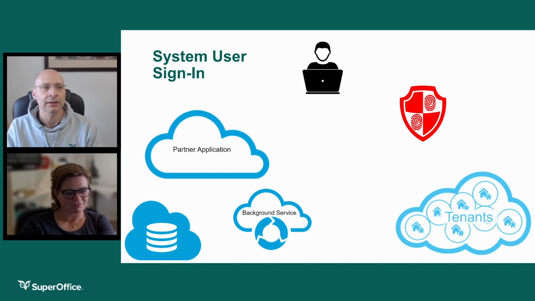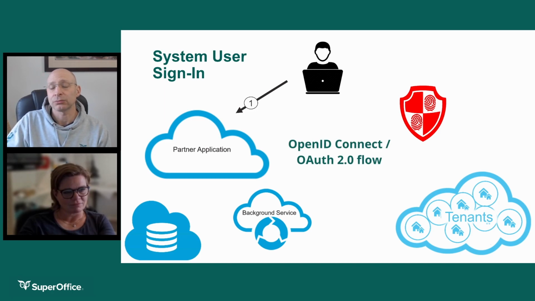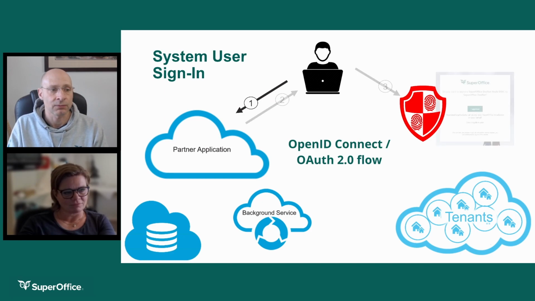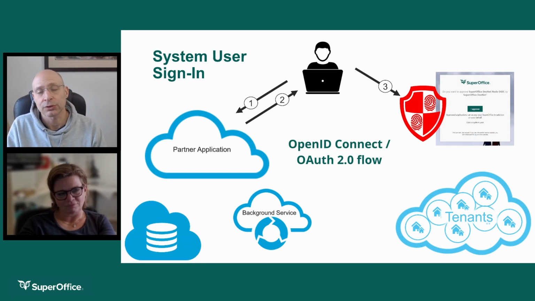So you've got the tenant administrator, who first, via a web panel or directly in a browser, accesses the partner application. The partner application receives that request and forwards that user over to the SuperOffice Super ID login page.